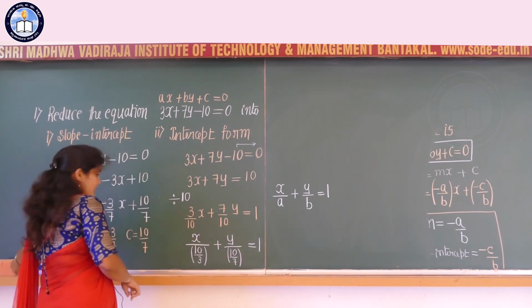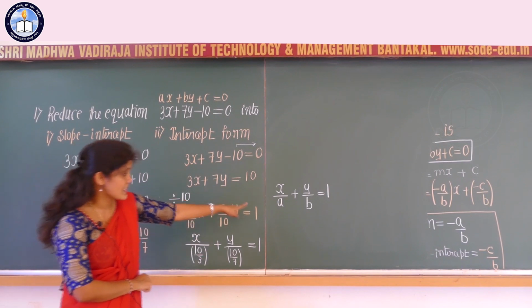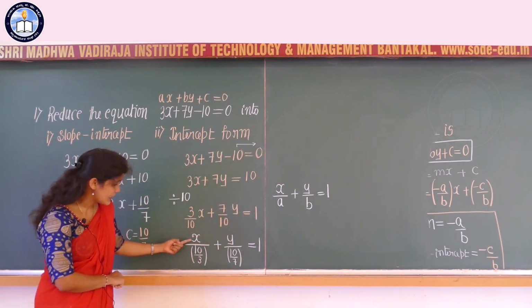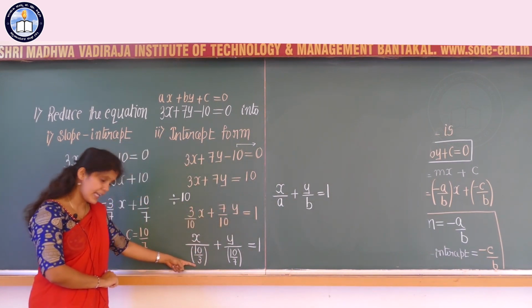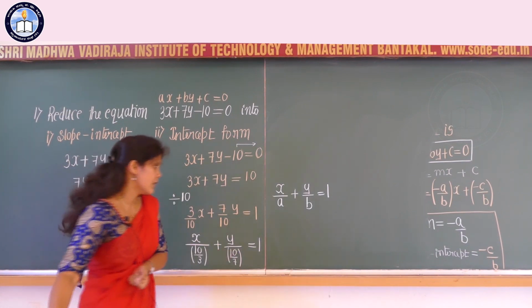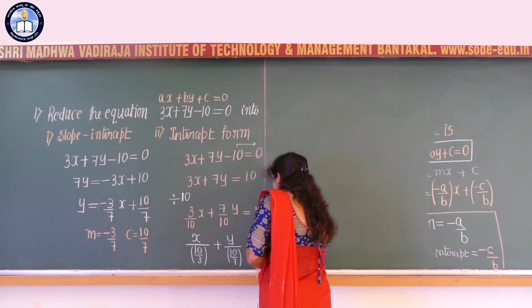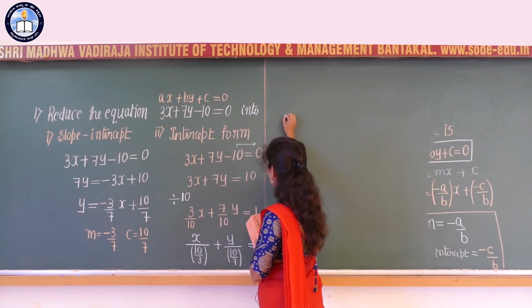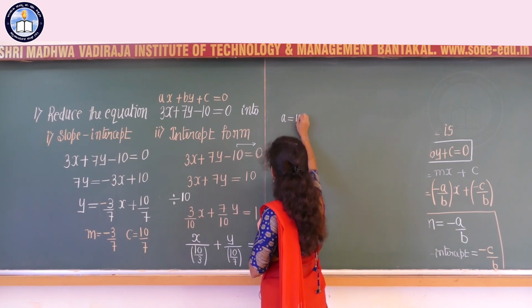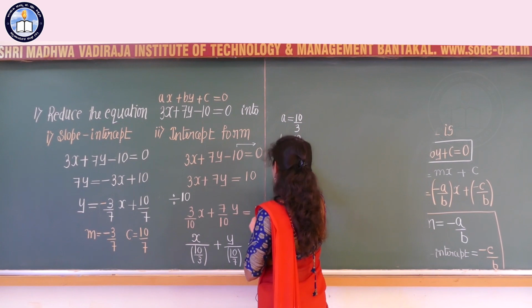So now you can compare this equation with the standard form. This is present in the form of x divided by a plus y divided by b is equal to 1, where the values of a and b are, what is the value of a? Value of a is equal to 10 by 3 and the value of b is equal to 10 divided by 7.